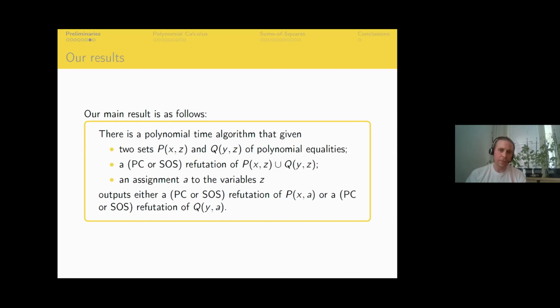Okay, so you have this refutation of this conjunction. Yes. First, you'd hit it with this restriction to the z variables, and that would be a refutation of this union, right? Yeah. Okay, then you'd hit it with some restriction to the y variables.